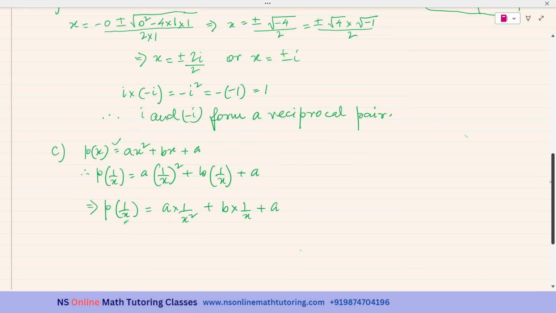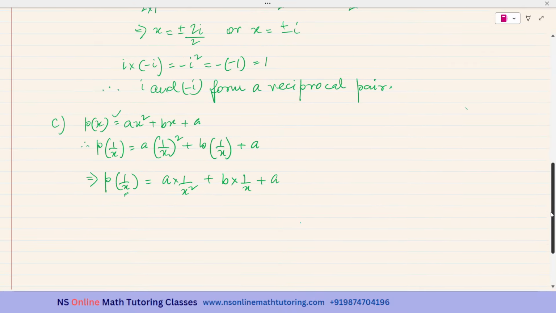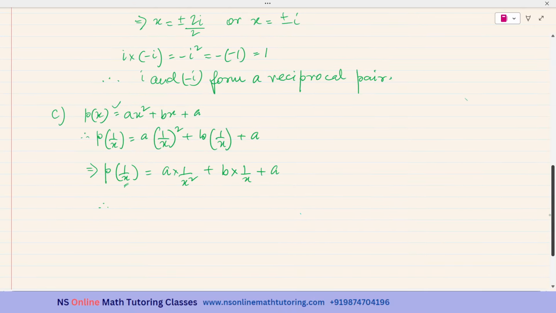So x squared times p of 1 over x is equal to x squared times a times 1 over x squared plus b times 1 over x plus a.